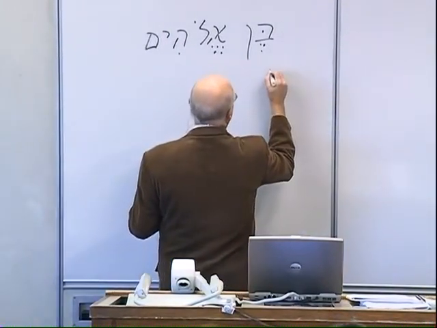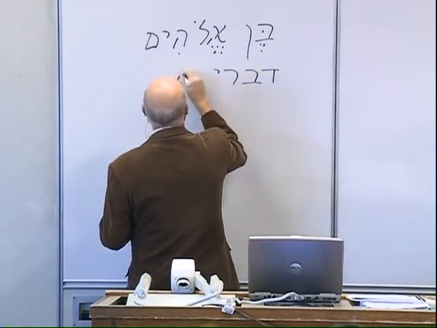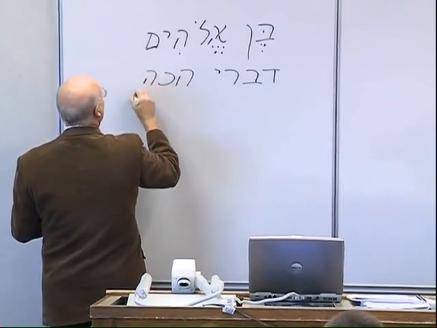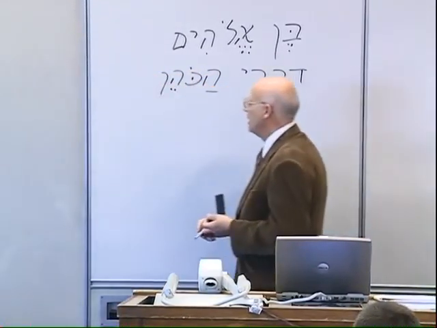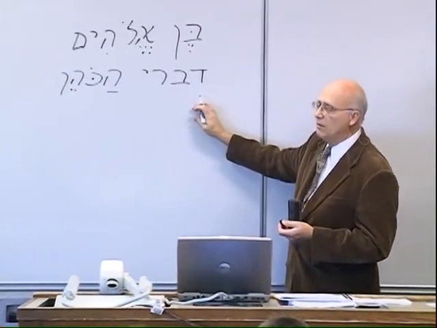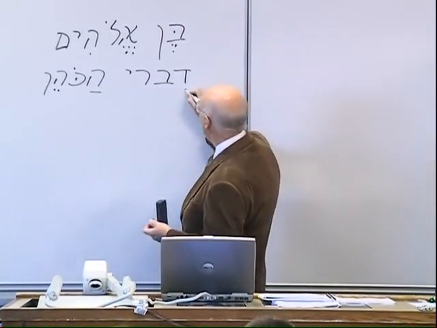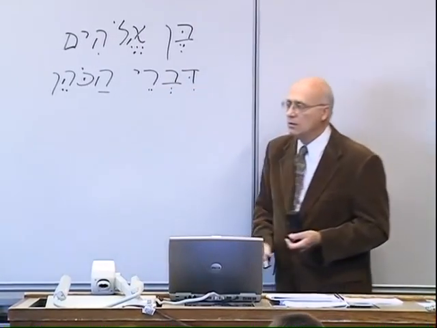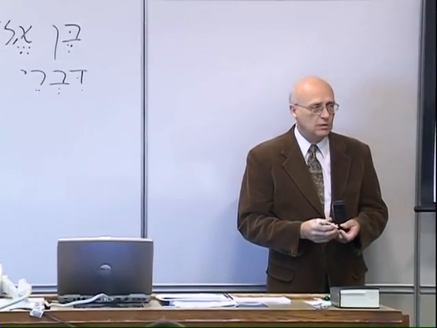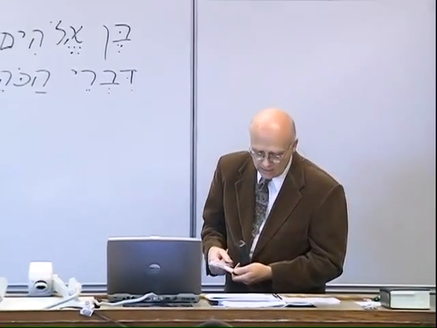Dvar HaKohen. HaKohen. All right, but if it's going to be words of, you're going to have divrei. Words of, divrei, okay? Divrei HaKohen.